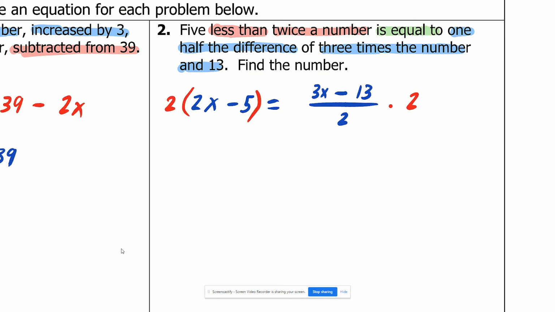It'll have to distribute. That's the exact word I was looking for. It has to distribute. What is 2 times 2x? And what is 2 times negative 5? Negative 10. So it becomes 4x minus 10. And on the right side, I'm left with 3x minus 13. Because the 2's cancel.